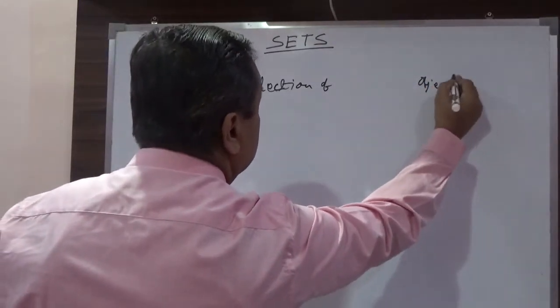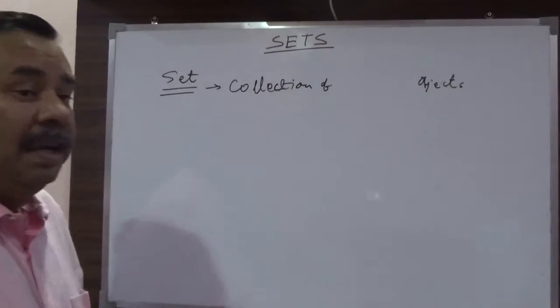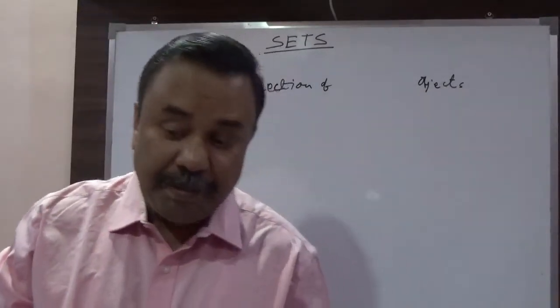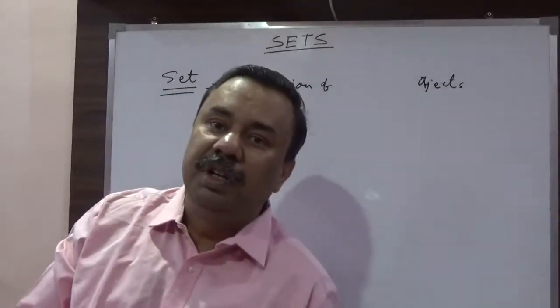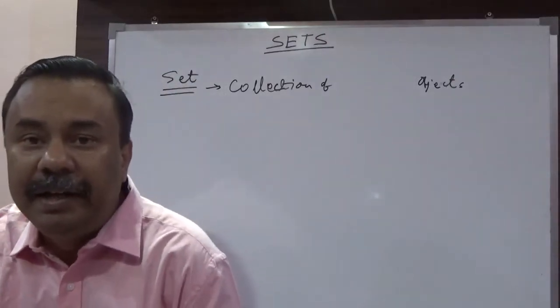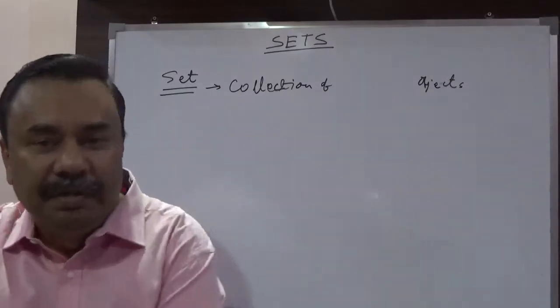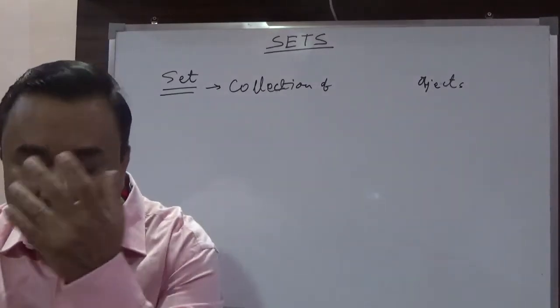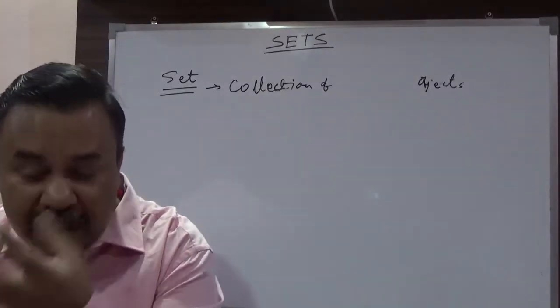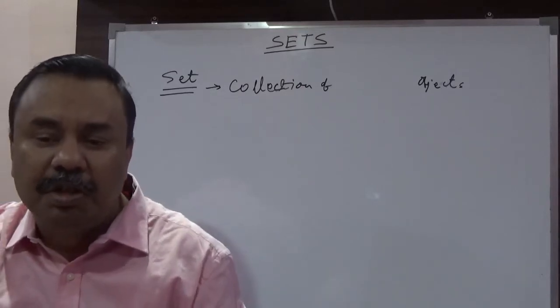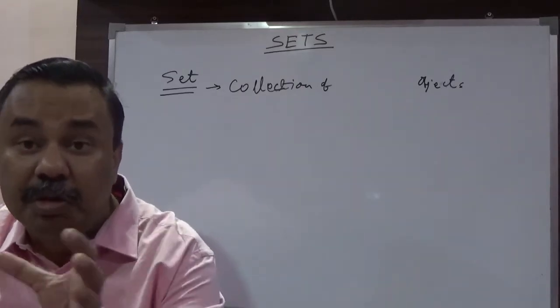But a normal collection, or simply collecting objects, will not be called a set. Why? Because if I say just a set of students or a collection of students, what kind of students?